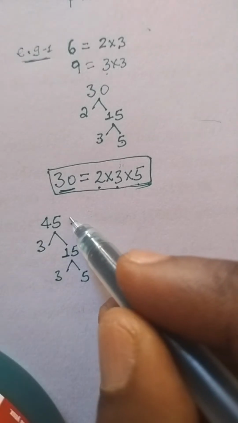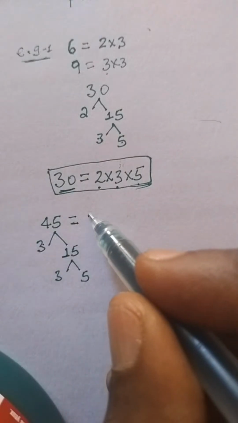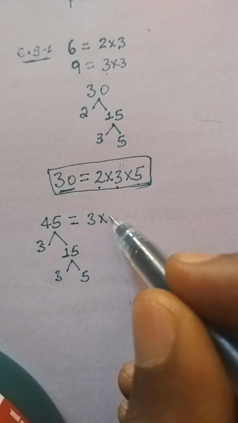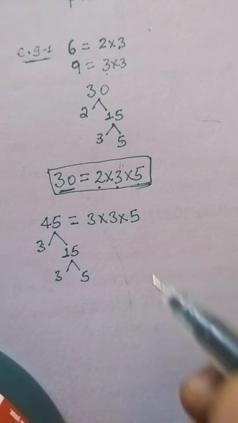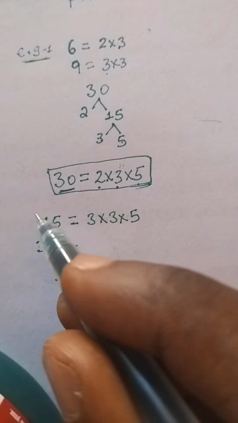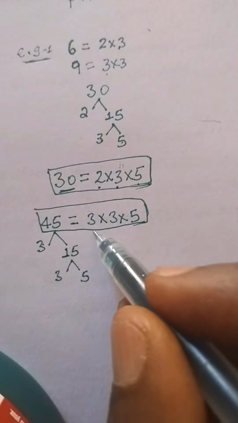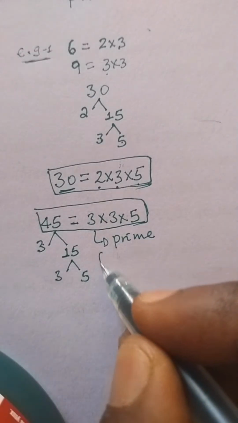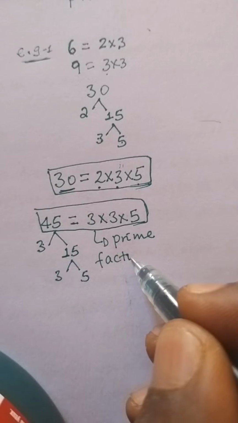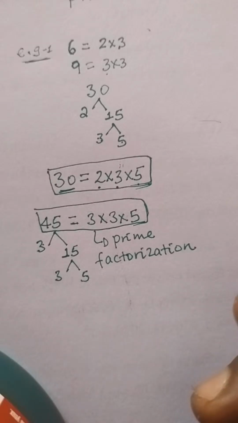So we can express 45 as 3 times 3 times 5. This kind of expression is called prime factorization.